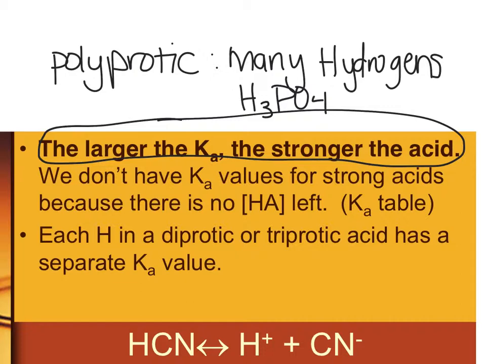This is a triprotic acid because it has 3 hydrogens. I just want to make sure you had that word because I know it shows up on one of your homeworks. So, protic. H2SO4 is also polyprotic. Yeah, so anything more than 1.